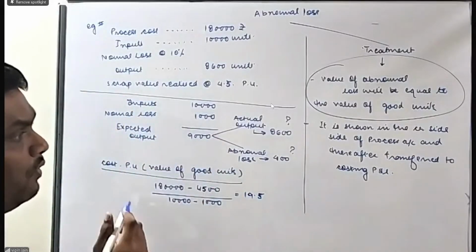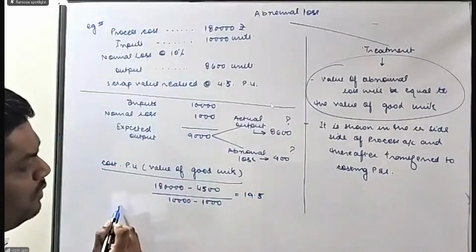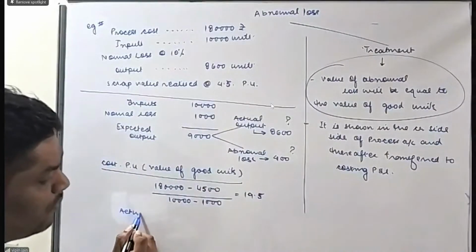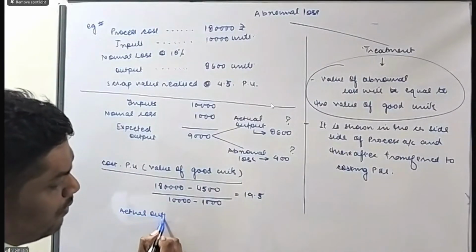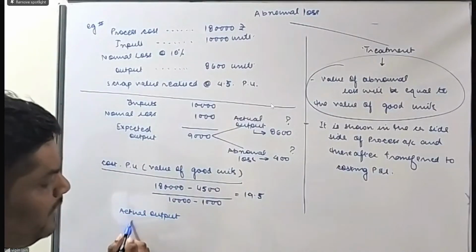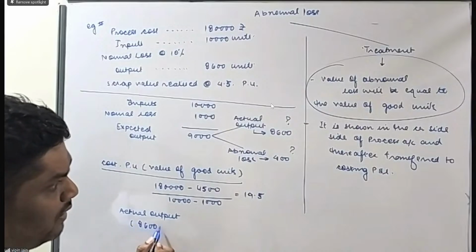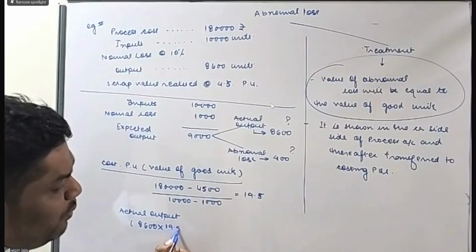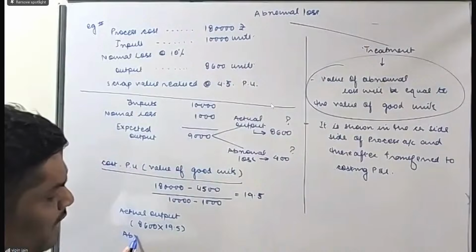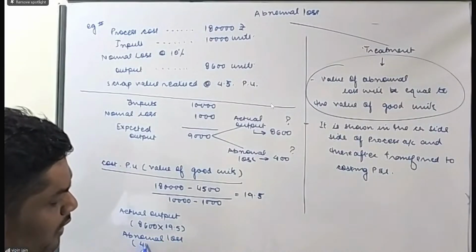The value of actual output will be 8,600 into 19.5, and the value of abnormal loss will be 400 into 19.5.